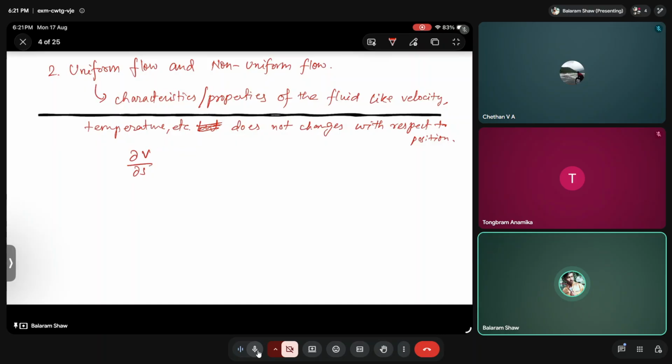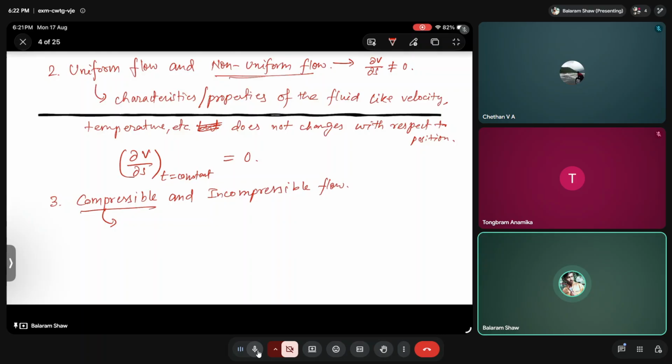Okay. Then what are the other types we have studied? We have also talked about compressible flow and incompressible flow. So what is compressible flow?